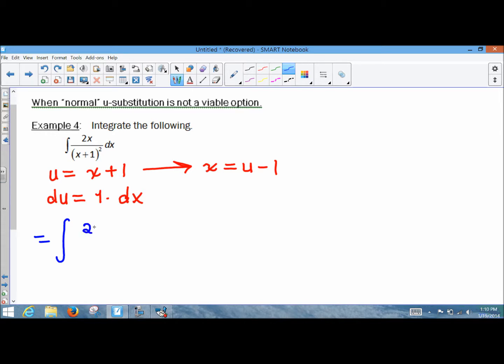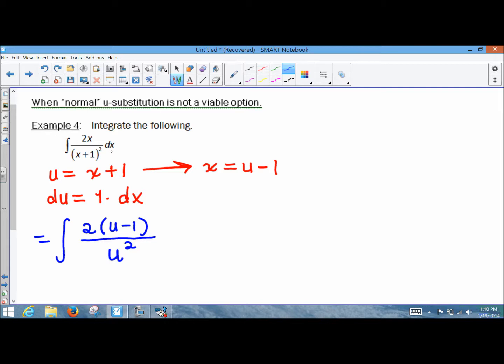I'm going to keep the 2 in front of it, of course. And then the denominator, which we knew is simply u to the second power, tells us something very important. We now have just one term in the denominator, a monomial denominator. And typically those things are quite easy to integrate.